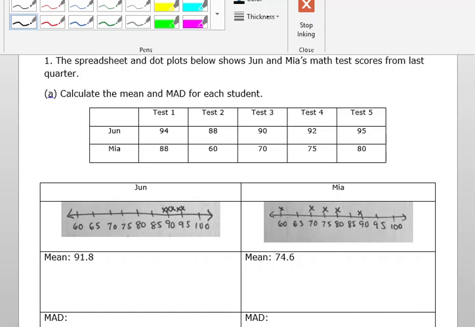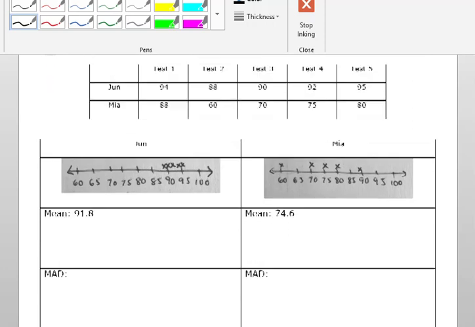Mia had an 88, a 60, a 70, a 75, and an 80. And we have here a little dot plot, and we have our X's here to indicate the test scores.